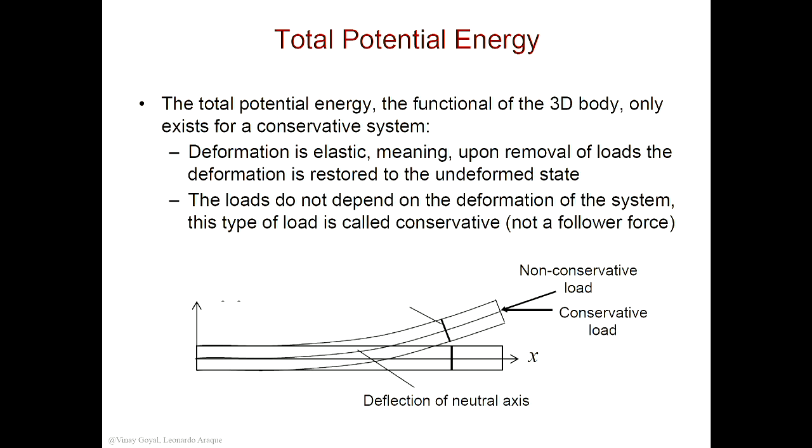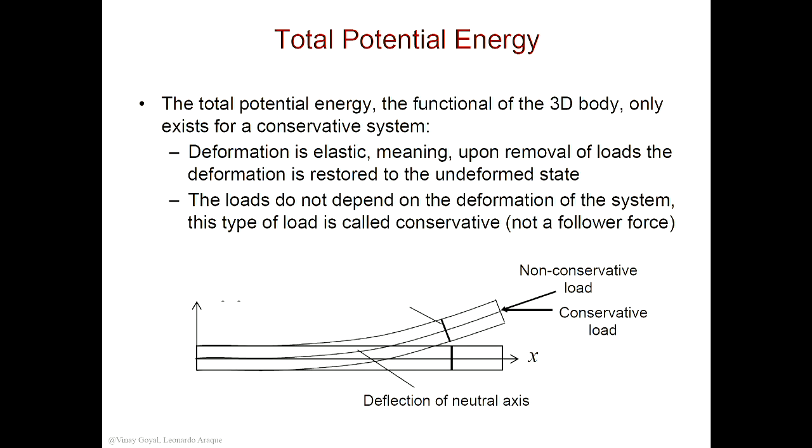It's basically independent of the deformation. In that case, that load is called a conservative load. It means that it's not a follower force. In another scenario, you have the beam deformed here. You can see here that the load has switched angles because it wants to stay tangent to it. You can see that.